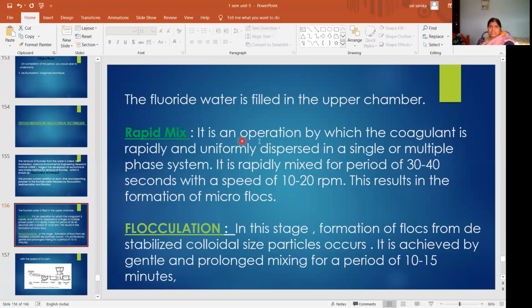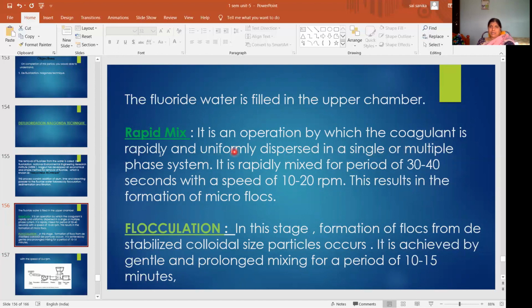It is an operation by which the coagulant is rapidly and uniformly dispersed in single or multiple phase systems. So what we are doing here, whatever coagulant we are taking, it is rapidly and uniformly dispersed.